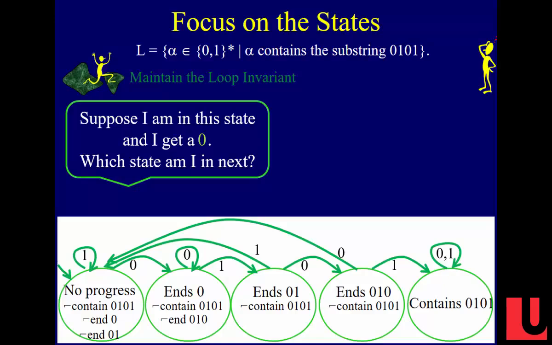Right? When I'm here, I know it contains... well, so when I'm here, what do I know? Well, I know it ends in 0, 1, 0, but I also know that it's not that, because if it was that, I would be over there. Right? So is it really necessary to write "does not contain 0, 1, 0"? Because if you're in this state, you know that you... Well, there's different levels of necessary, right? I want to build the machine so that it needs the certain states and the certain arrows, and you want it to work.